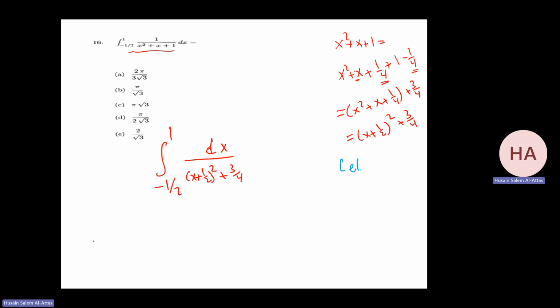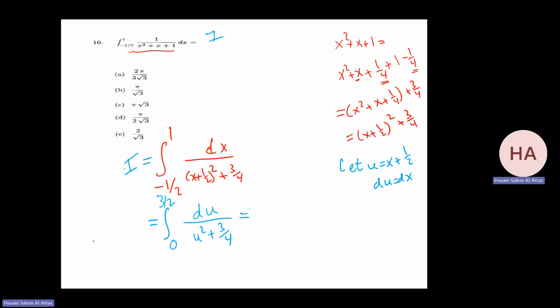Let u equal x plus half, du equals dx. I just need to change the limits of integration. With the minus half, it will be minus half plus half, that will be 0. With 1, it will be 3 over 2. And I have du over u squared plus 3 over 4.